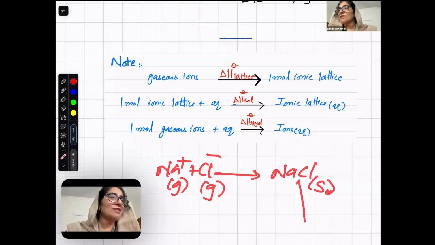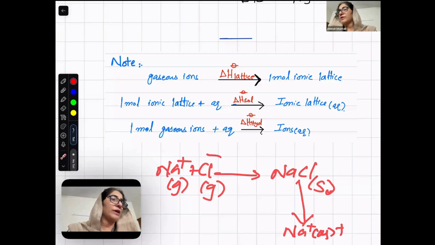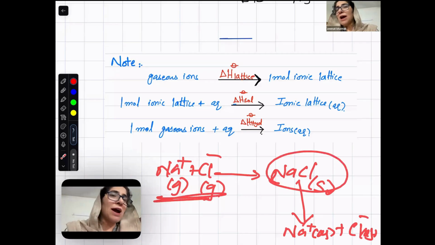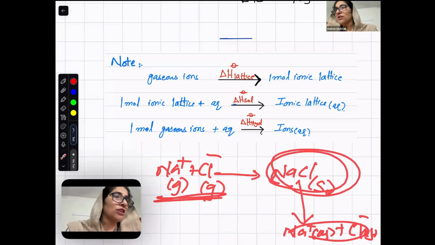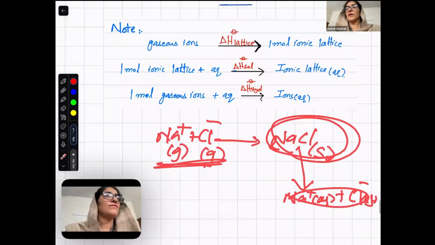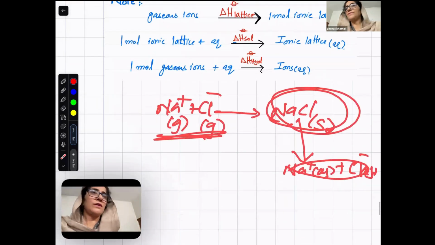When you put the lattice in water, this is called what? Look, lattice from ions is delta H lattice; in water it is called what? Solution. Doing it again.